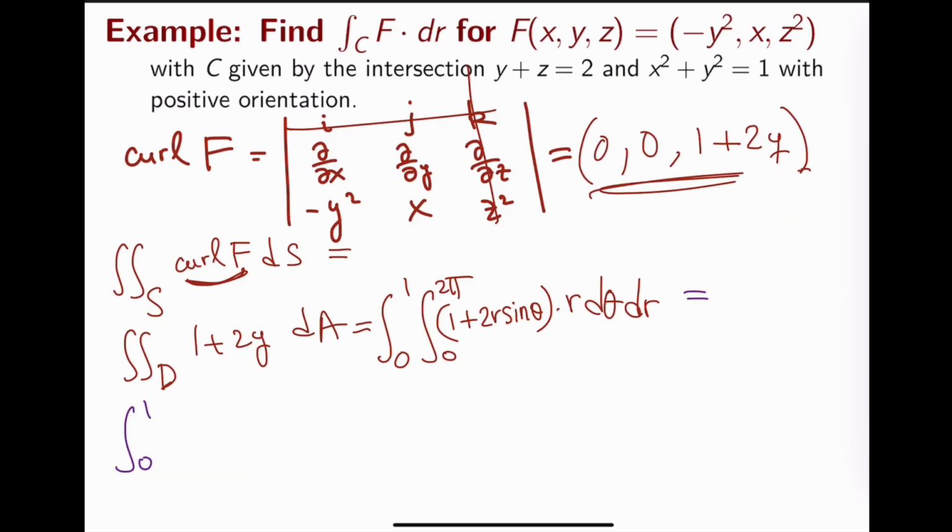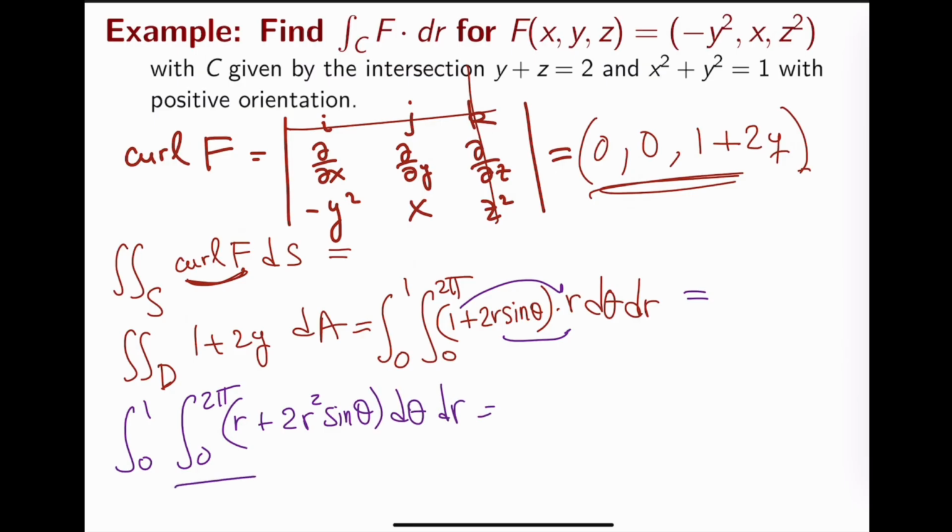This is the integral between 0 and 1 of the integral between 0 and 2 pi of r plus 2r squared sine. So now we're going to integrate here with respect to the angle.